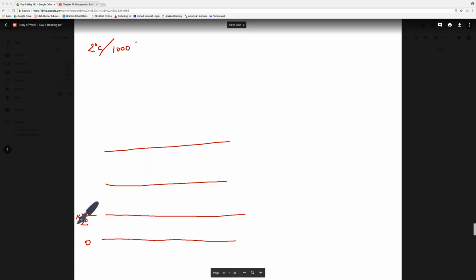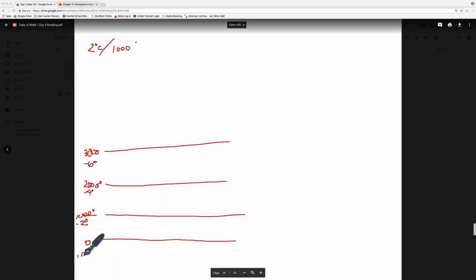As we ascend, the standard rate is 2 degrees. We lose 2 degrees C per 1,000 feet. So 2,000 feet will be 4 degrees colder than standard. 3,000 feet will be 6 colder. And this is from the standard temperature.